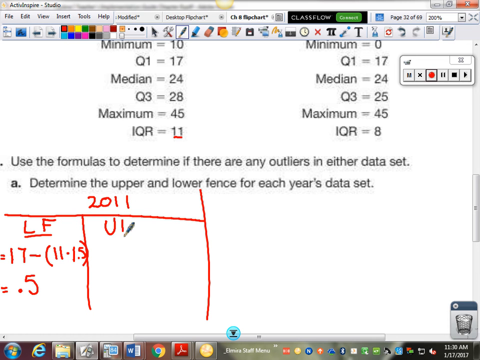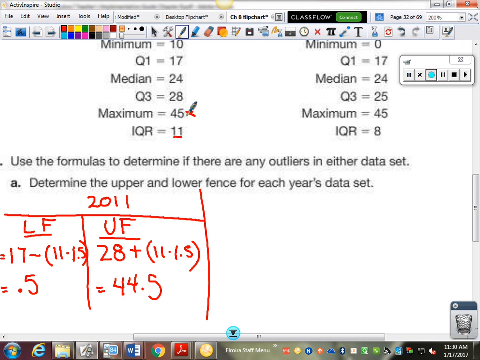Let's calculate our upper fence. That's going to be our Q3 28 plus our IQR times 1.5. And that equals 44.5.